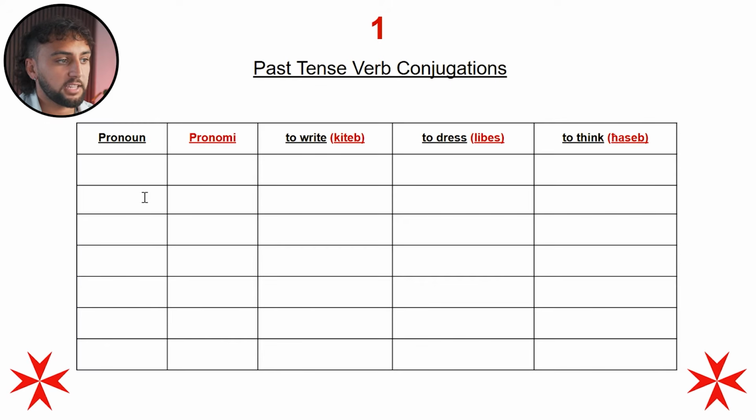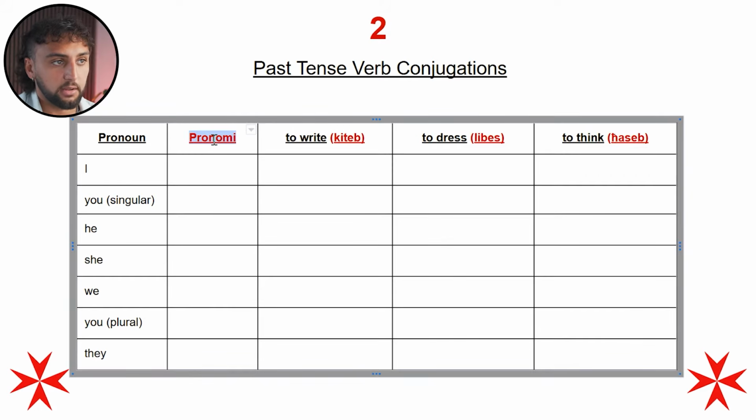On the very left of the table, you can see how there is a column for all the different pronouns in English. So we have I, you, he, she, we, you plural, and they. And then in the column just to the right of that, you can see how we have the column for all the Maltese translations of these, of which we call pronomi. So let's take a look at these.